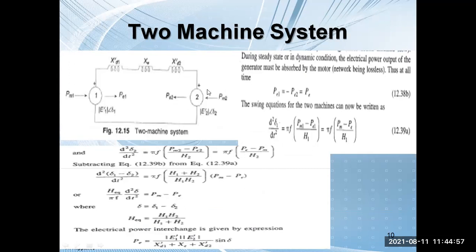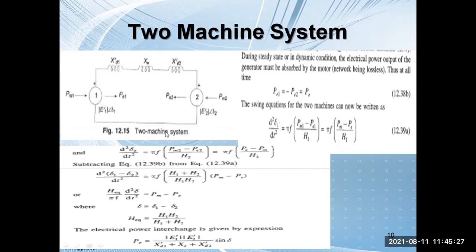Now here we have a second machine; this is also a generator because there is a mechanical input and we have an electrical output. The direct axis reactance of this generator 2 is X dash D2. So we have two generators, connected with a reactor XC.